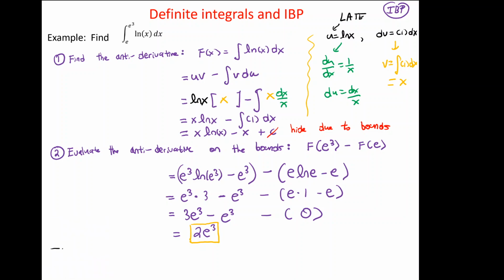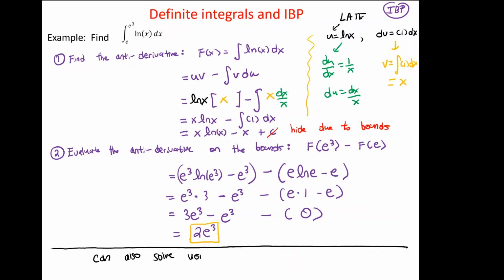Underneath this, I want to write down a formula. We can also solve using the integral from a to b of u dv is equal to u times v evaluated from a to b minus the integral from a to b of v du.